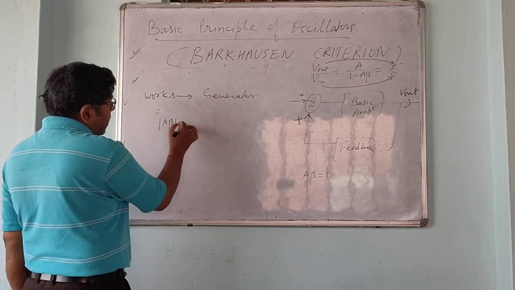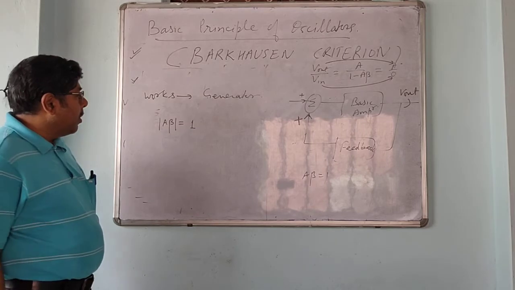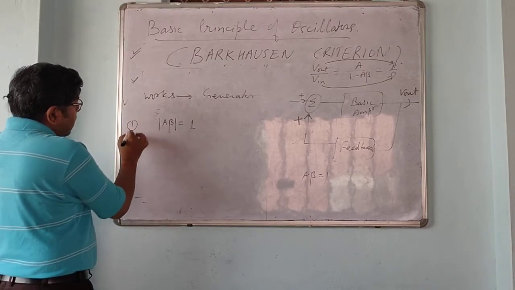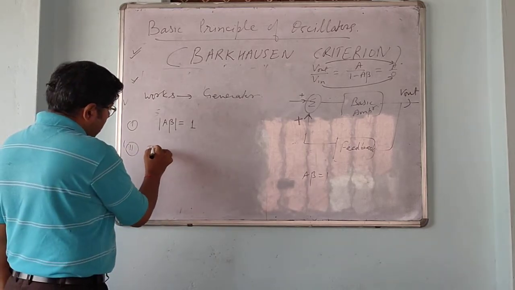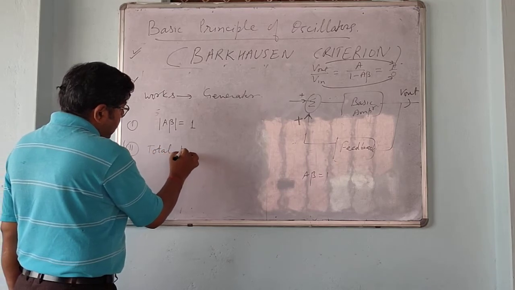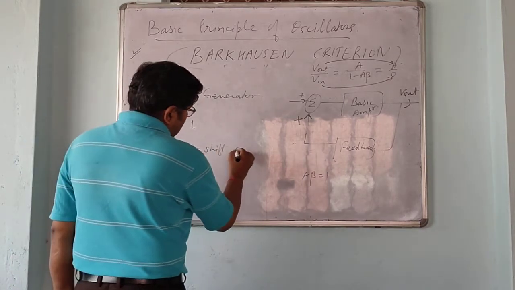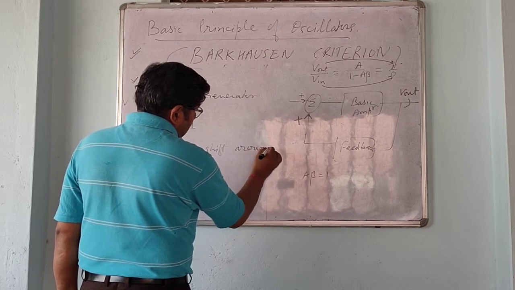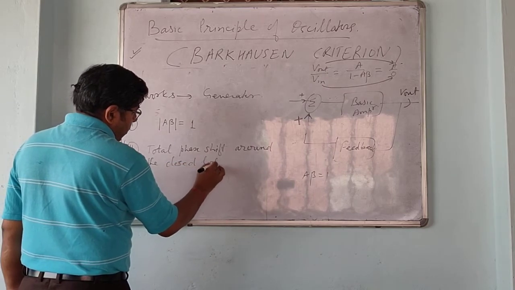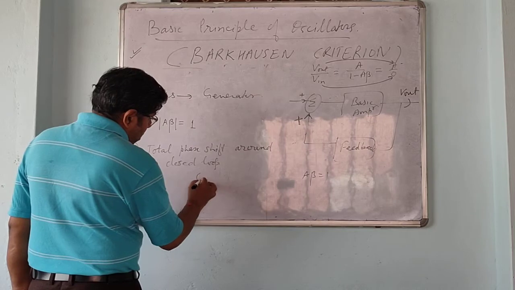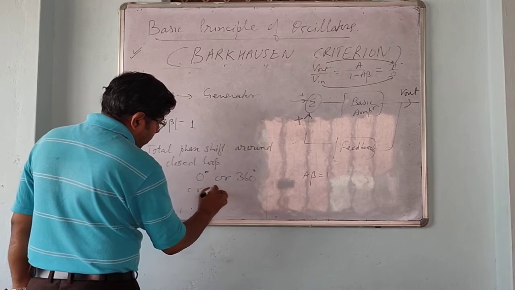If magnitude of A beta is 1, and this is the first condition, and second condition is total phase shift around the closed loop must be 0 degree or 360 degree or any multiple of this.